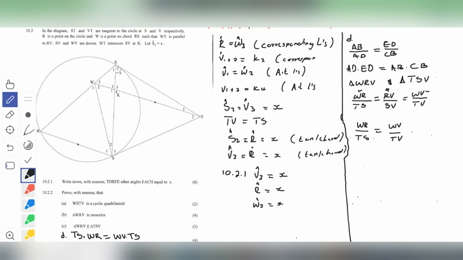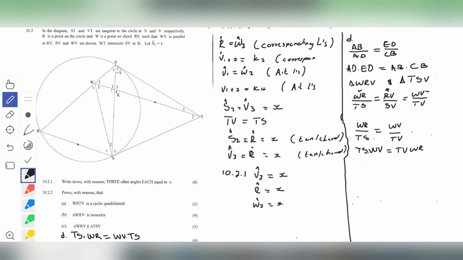So take it. After taking it, you do what? Cross multiply. Now we cross multiply: TS multiplied by WV, and we have TV multiplied by WR.